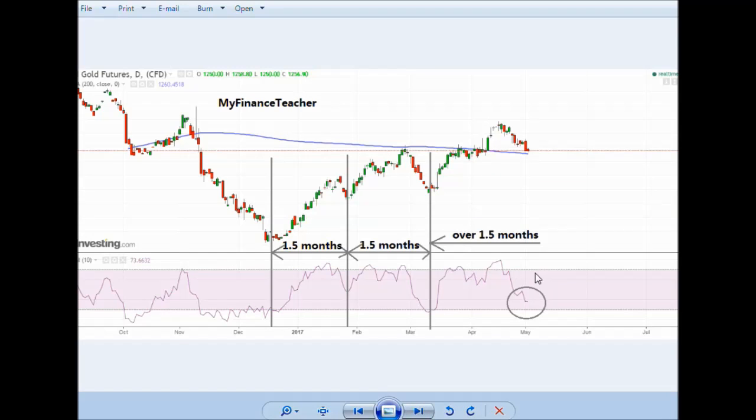Another possible reason for that is the RSI level. This is a 10-day RSI, which is not oversold yet, but it is approaching oversold levels. Additionally, this shorter-term daily gold cycle has been taking place for over a month and a half now, whereas the previous two cycles within this longer-term half-a-year intermediate cycle both took just about a month and a half.